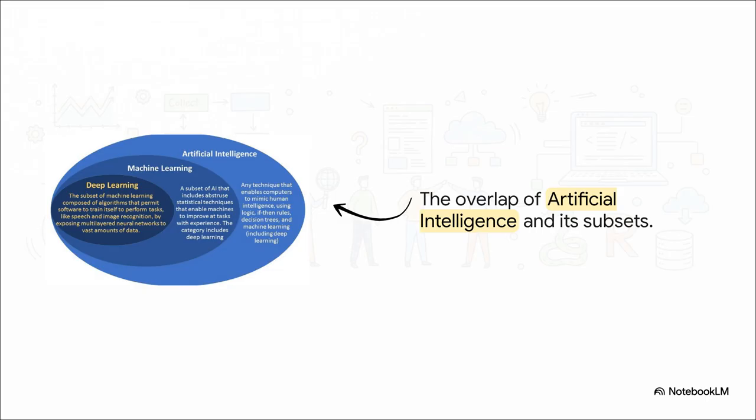Then, sitting inside that, you've got machine learning as a subset, which uses statistical techniques so machines actually get better at tasks with experience. And finally, nestled right down deep inside that is deep learning.